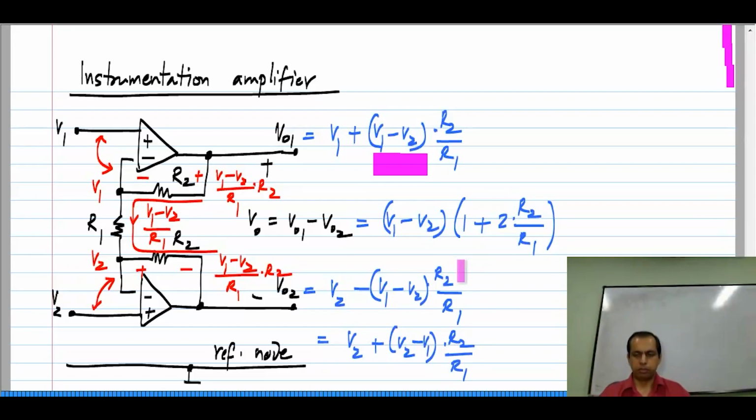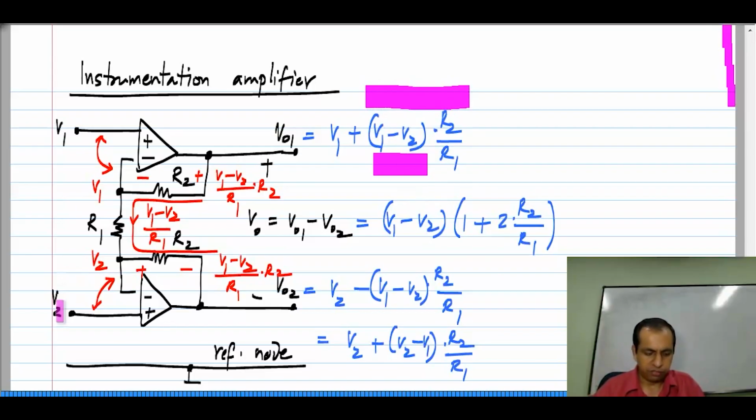What is special about this? The point is, you can set this R2 by R1 ratio to be a large number. Then what happens is, even if you look at each of these outputs, VO1 and VO2, a large part of that consists of the difference V1 minus V2.